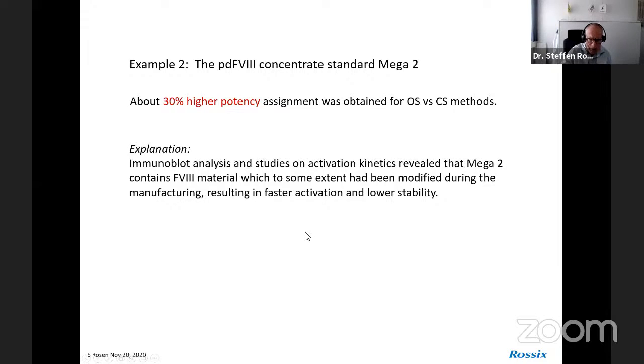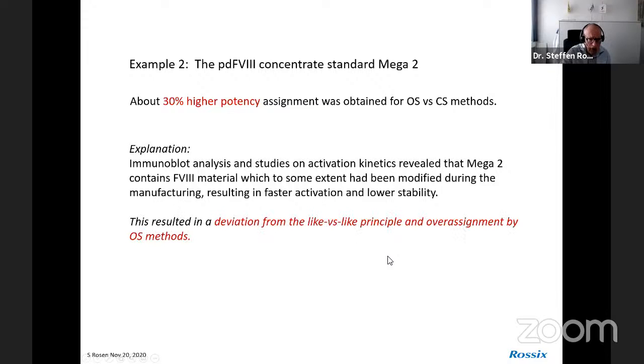And this was properly reflected in the Chromogenix method, which showed actually about 8.6 IU per vial, whereas the 7th IS standard, which was the same starting material, had with both methods 11 IU per mL. So this was an interesting illustration of the effect of pre-activation. Now, this resulted in a deviation from the like versus like principle and caused an over-assignment by 1 stage methods.